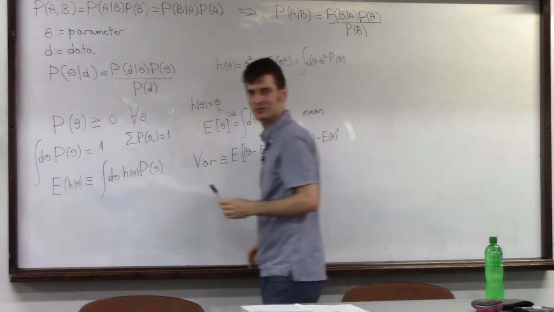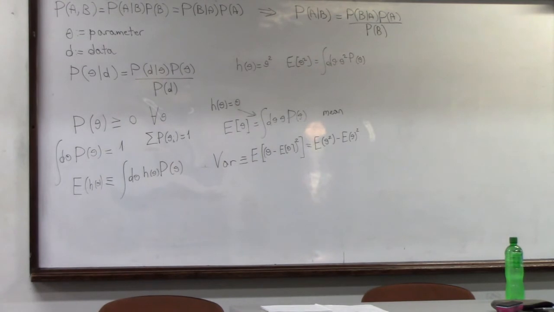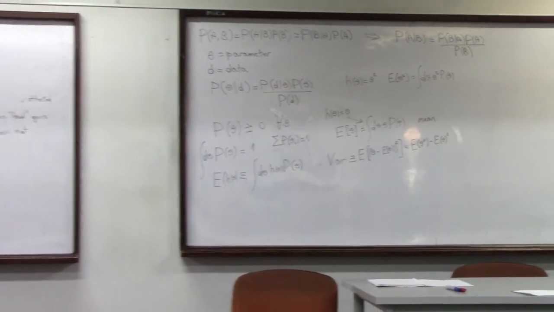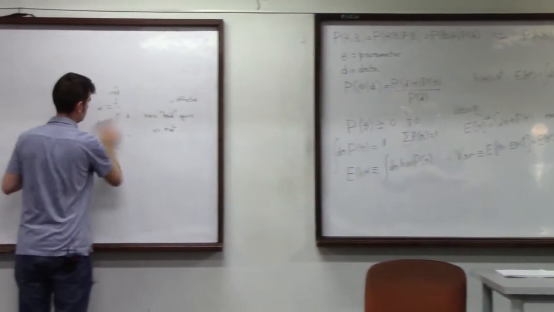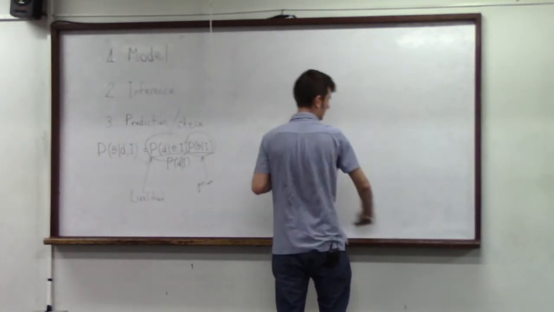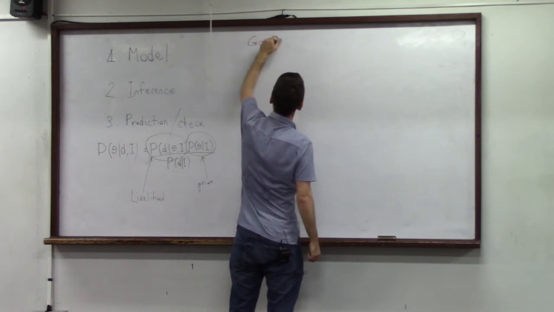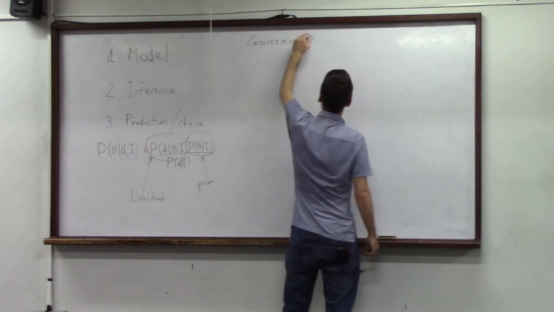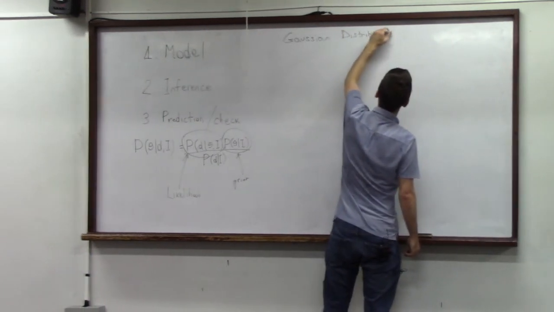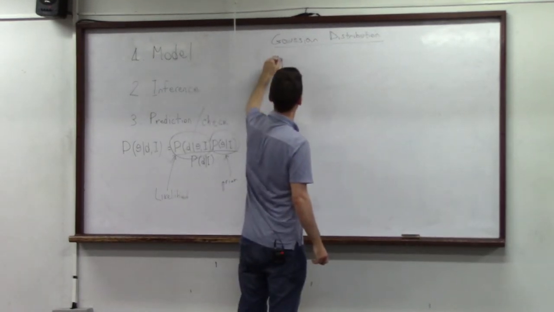The first distribution that we'll look at is going to be the Gaussian distribution, which is the following.